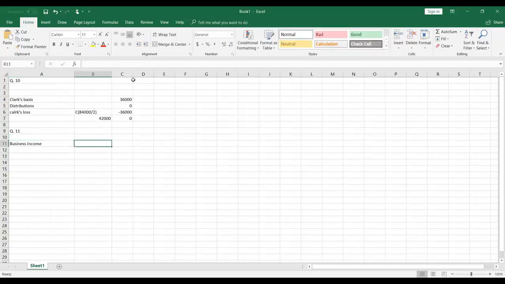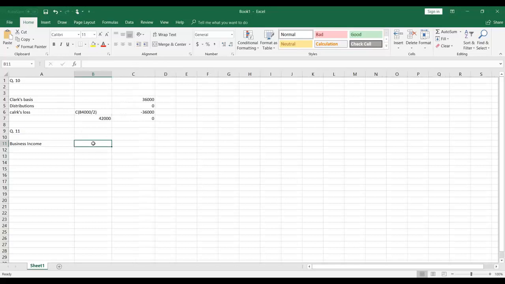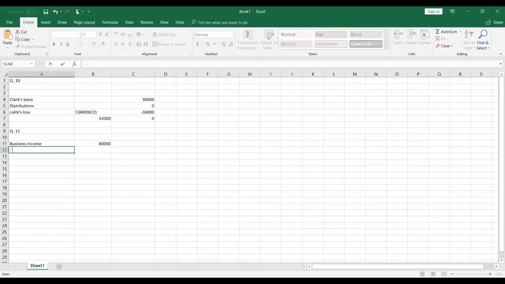Business income is $80,000. Minus 20, exactly. So we need to subtract the guaranteed payments, because to arrive at the net business income, guaranteed payments is an ordinary business deduction, right? So we will need to subtract $20,000 from there.